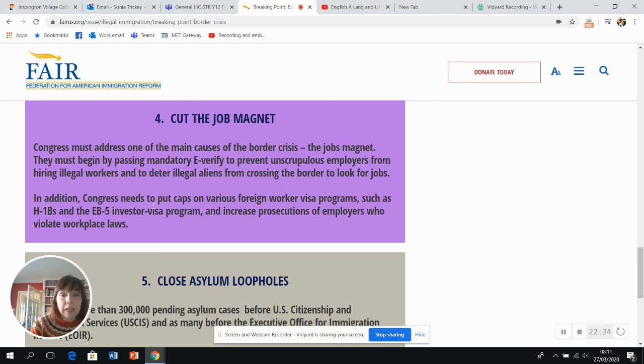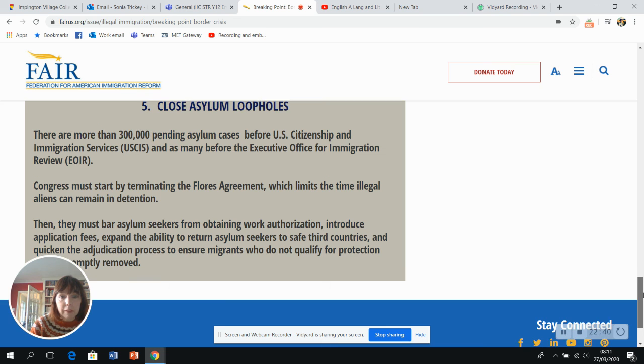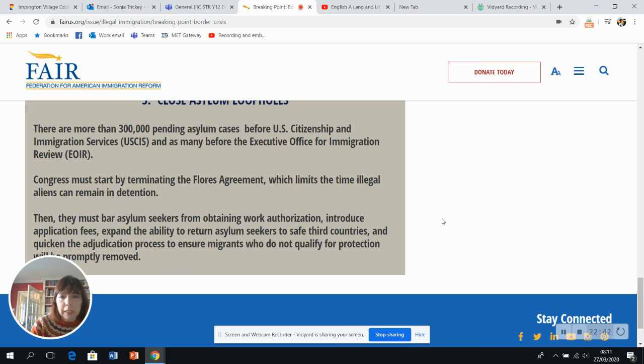And there are again no links and no way of finding out more about the information that's being presented to us here. And you can go through here and find similarly the Flores Agreement. There's no link. There's no way of finding out from this text more about the Flores Agreement.